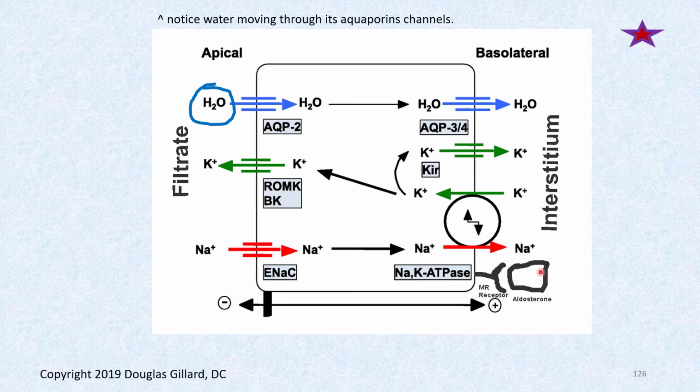I'm trying to group my aldosterone slides, but I believe aldosterone causes the laying down of aquaporin 2 channels, and after aldosterone is gone, it picks these channels up, and they're not there anymore. The aquaporin 3 and 4 channels are always there, so they're always ready to go, but it's the aquaporin 2 channels that are regulated.